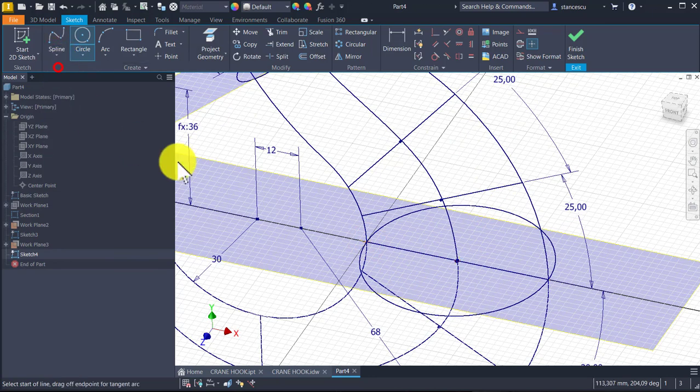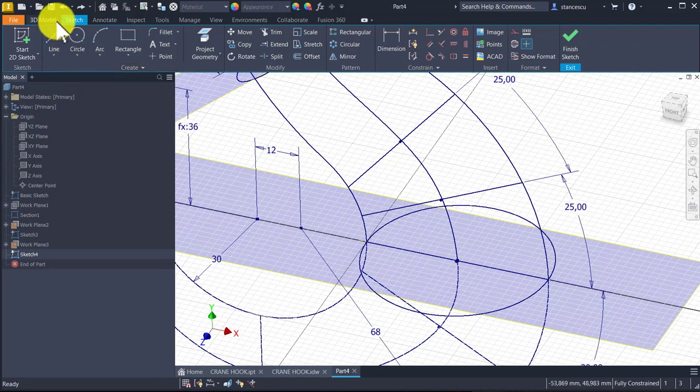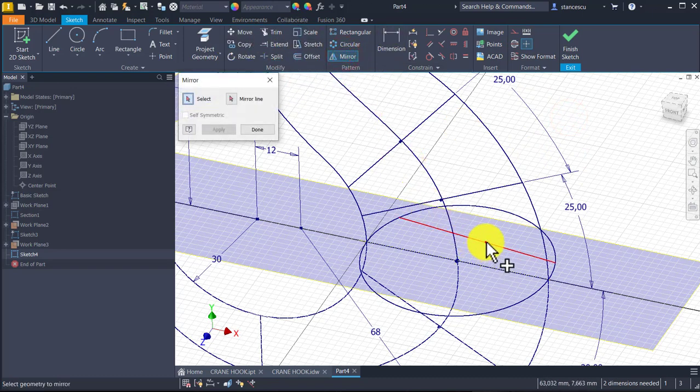We have dimensions for them. One is from here to somewhere here. Then I project the diameter, this diameter, and I apply construction for it, then mirror this line about the construction line, which is the center line.